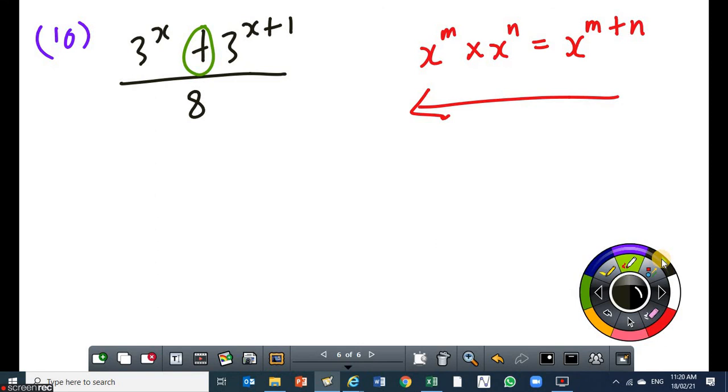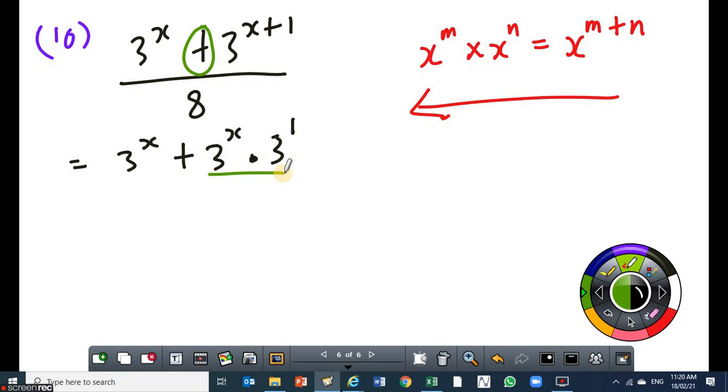So the next step will be 3 to the power of x plus 3 to the power of x times 3 to the power of 1. This is the left-hand side of the first law of exponents.